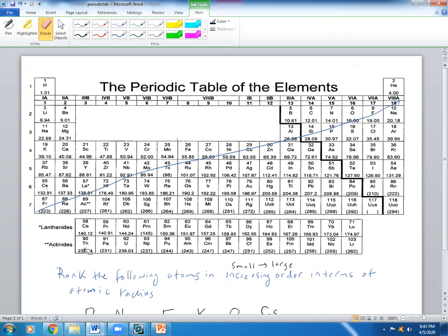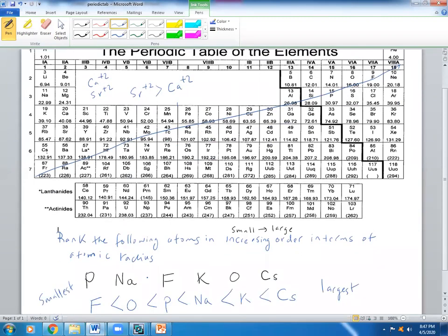So if I have Ca and Sr, Ca is 2+, Sr is 2+, then Sr would be bigger, because as you go down, still the size increases. Be able to mix those also with atoms. So if I ask you about atoms and ions, be able to apply both trends as well.